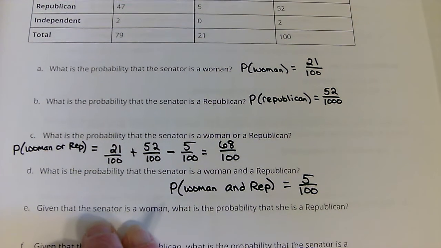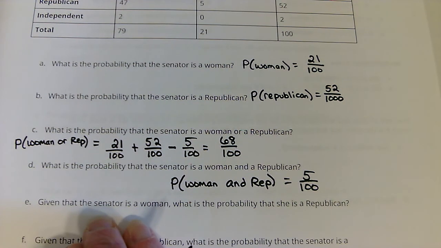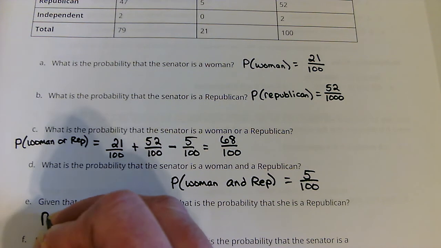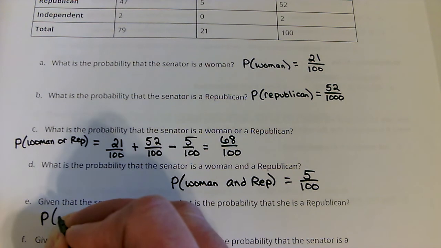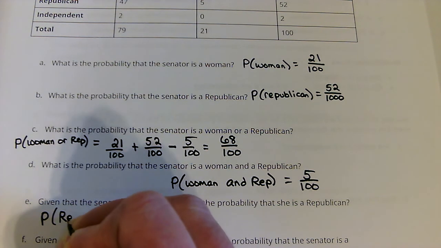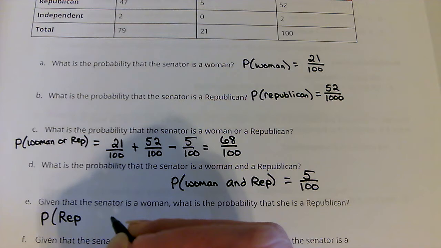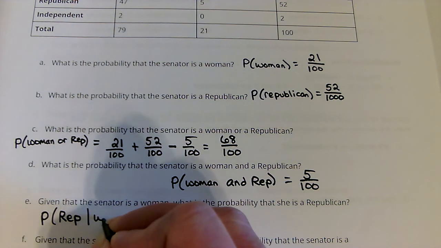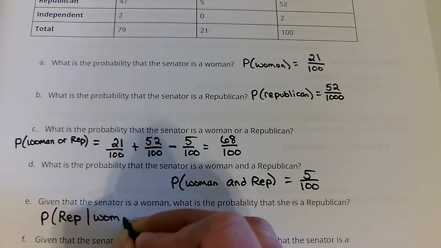But let's say we already knew that the senator was a woman. What's the probability she's a Republican? So the probability that the senator is Republican, given that we know it's a woman.